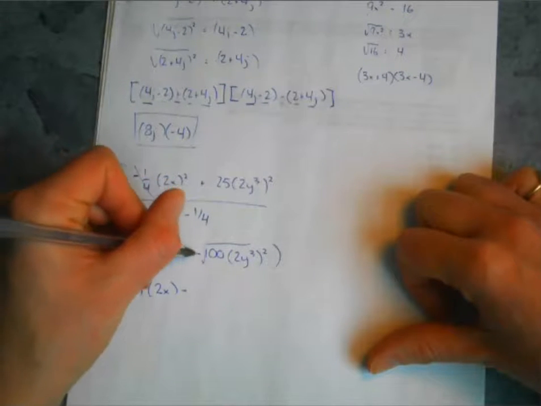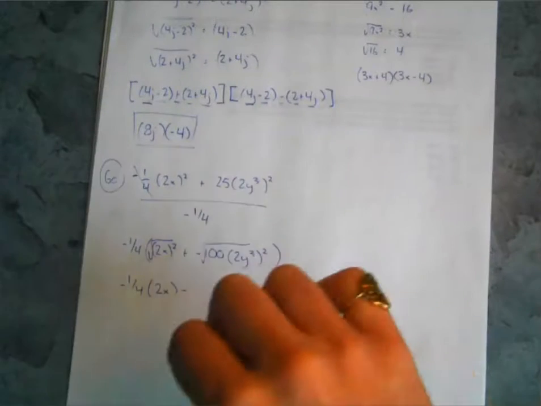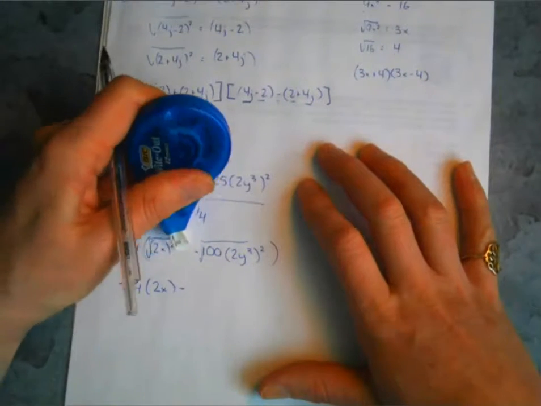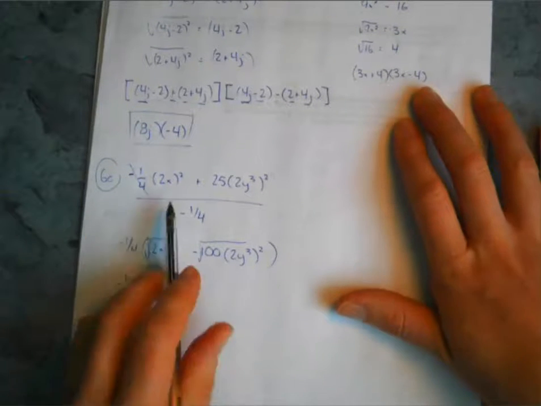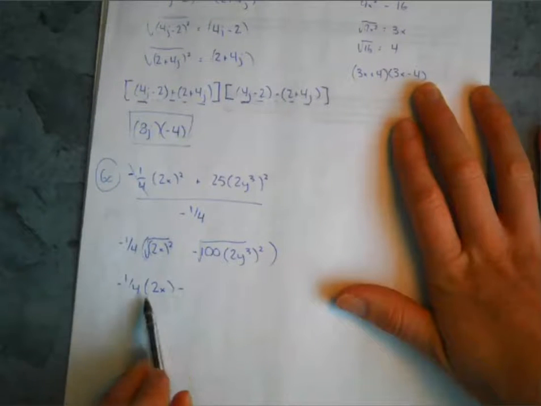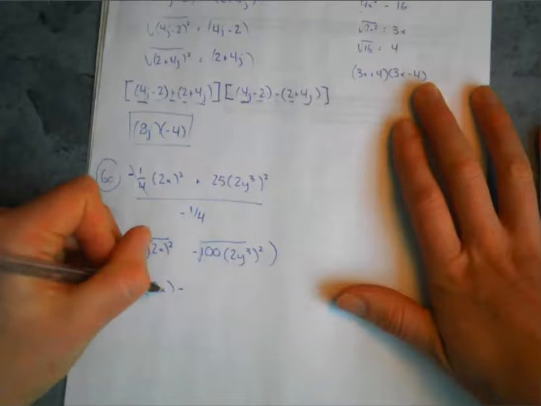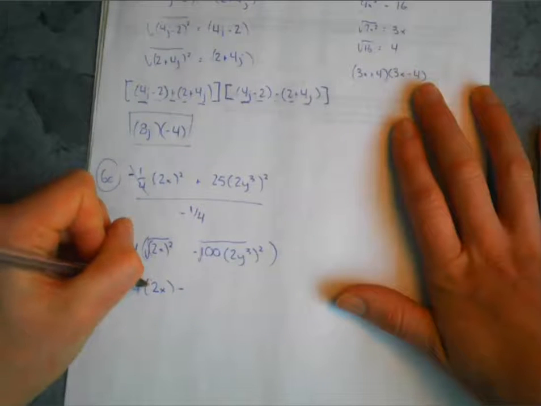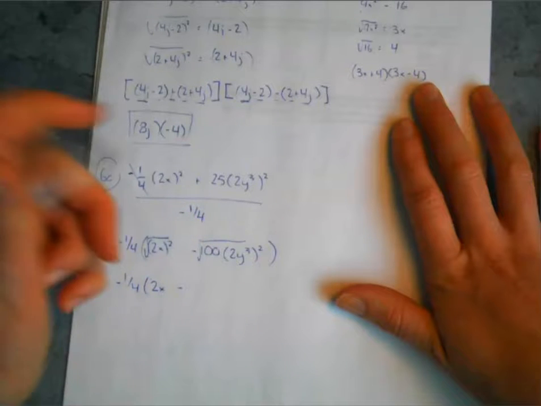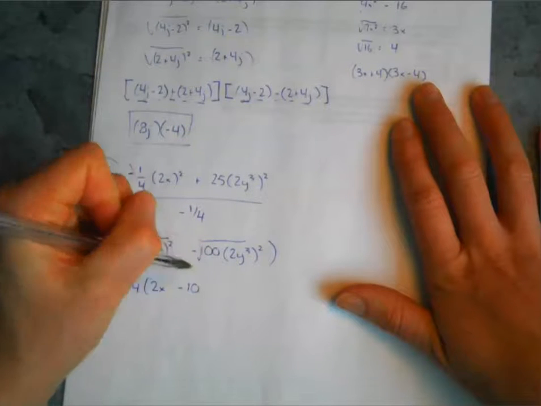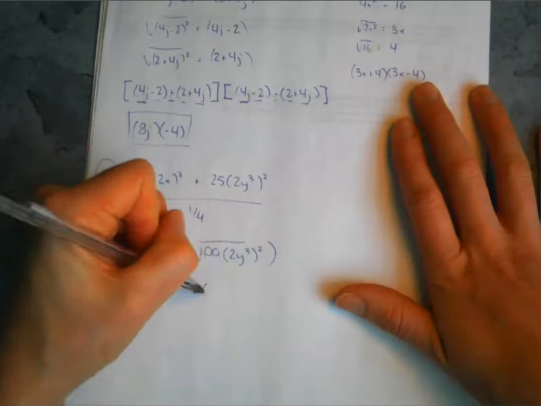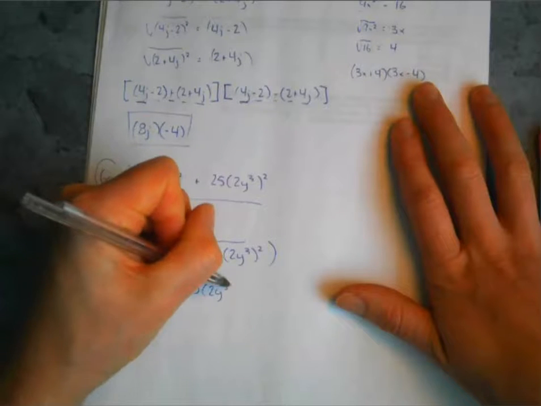Sorry, I put in plus negative here, when really we could just write minus. Although it is the same as plus negative, but whatever. So 1/4 times 2x minus the square root of 100 is 10. And then 2y³ square rooted is 2y³.